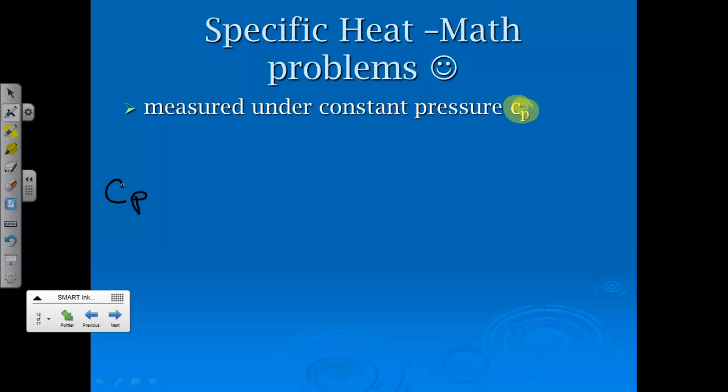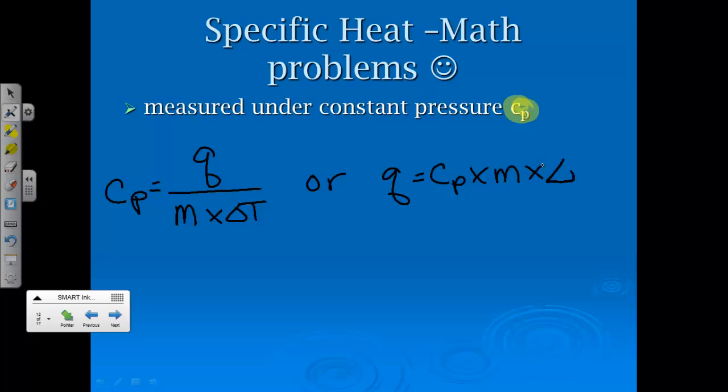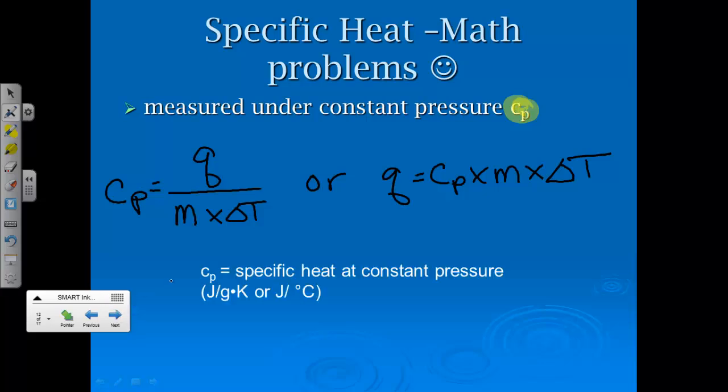The first one, and I'm going to tell you what they mean here in a second. You've got Cp equals Q over M times delta T, and the other option is Q equals Cp times M times delta T. And you will be given both versions of this equation to choose from.